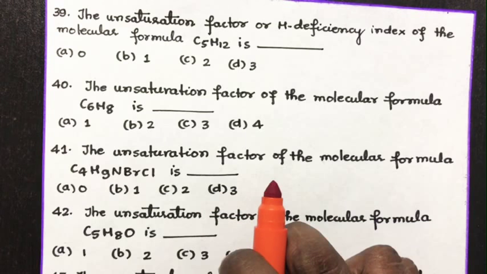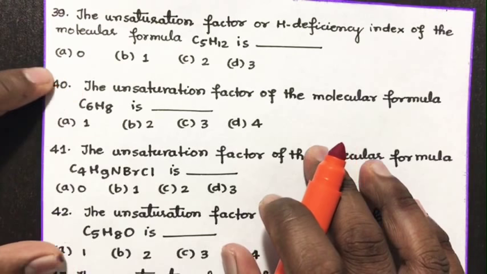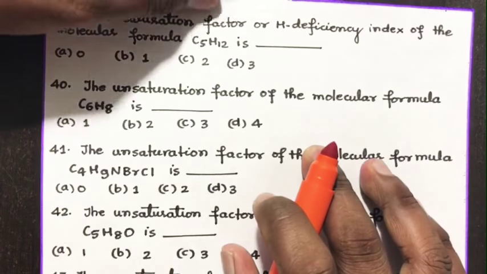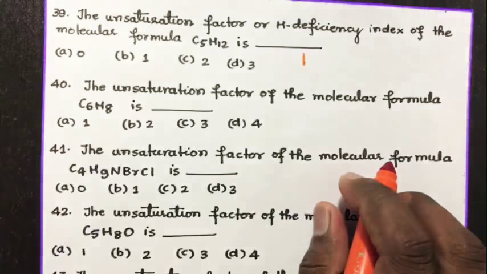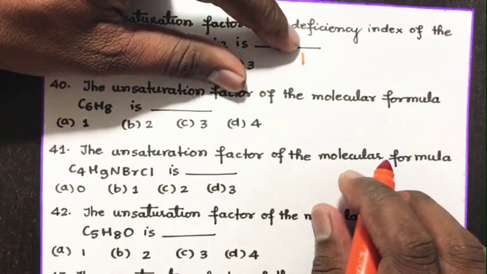Now degree of unsaturation gives the deficiency of 2 hydrogen with respect to the fully saturated acyclic hydrocarbon. If the degree of unsaturation is 1, then there is a deficiency of 2 hydrogen with respect to fully saturated acyclic hydrocarbon.